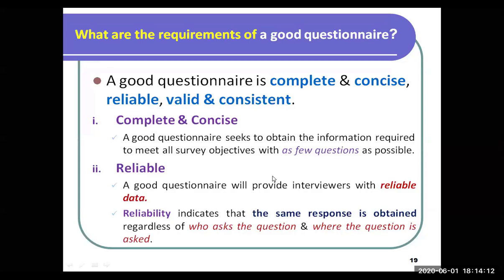That means if you have, let's say, five enumerators, each of these five enumerators must raise the same question, and the respondent must answer with the same understanding. The same response is obtained regardless of who asked the questions and where the question is asked. If you have four or five enumerators, each of them must raise the same question to different respondents, and the same response must be obtained. This reliability must be assured.